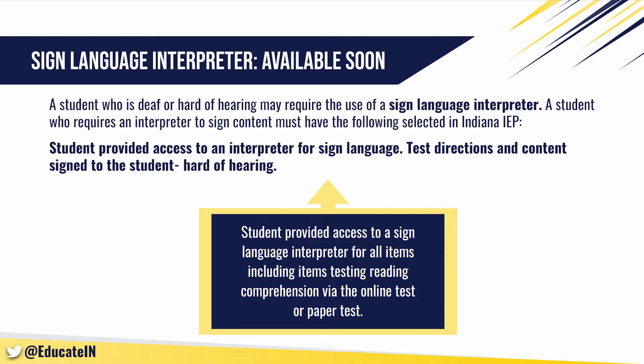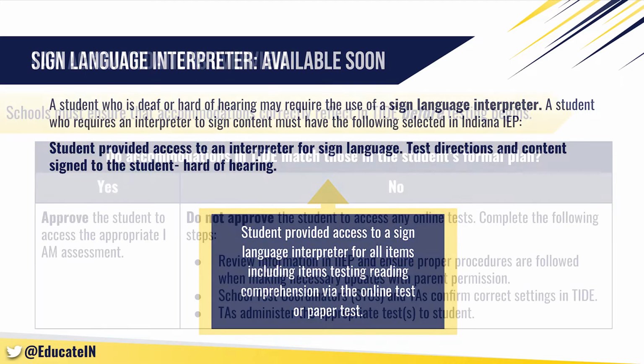Students who require test directions and content signed must have the following assessment accommodations indicated within their IEP. Student provided access to a sign language interpreter for all items, including items testing reading comprehension via the online test or paper test. These assessment accommodations are now available in Indiana IEP.